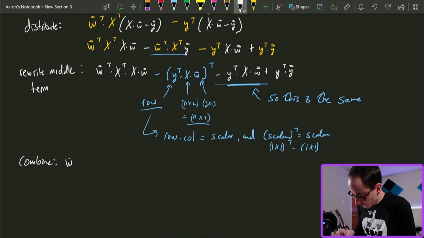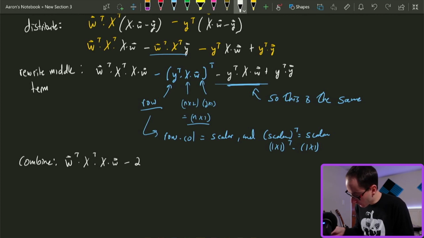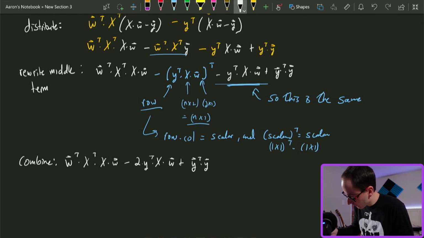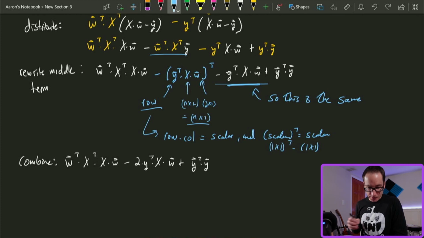So we have w transpose dot x transpose dot x dot w minus 2 times y transpose dot x dot w plus y transpose dot y. These y transposes need their little vector hat. That's still a row vector there.